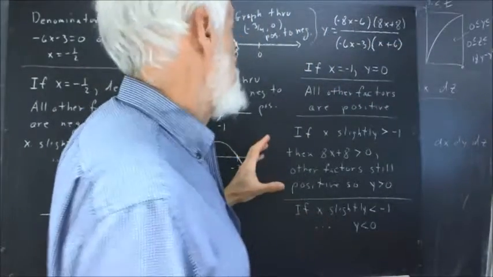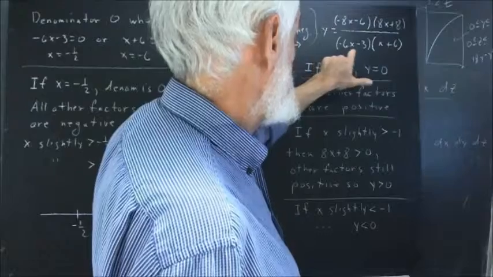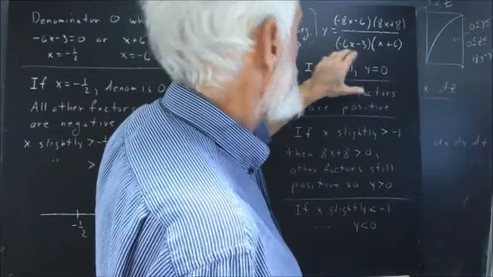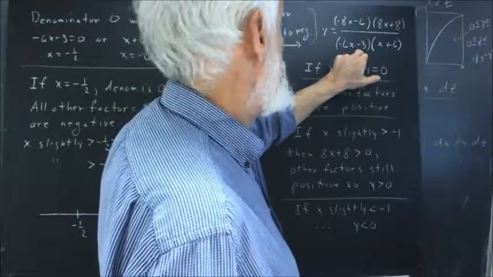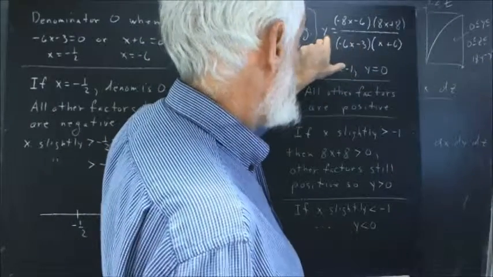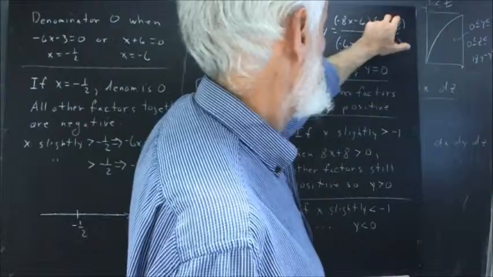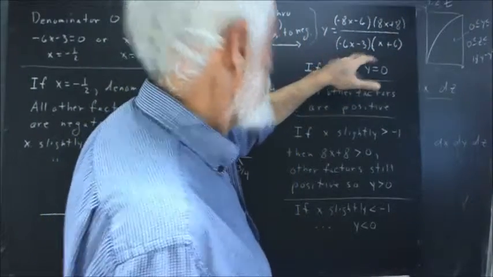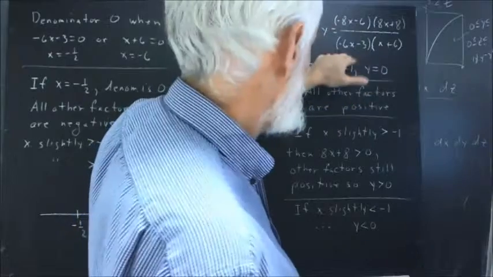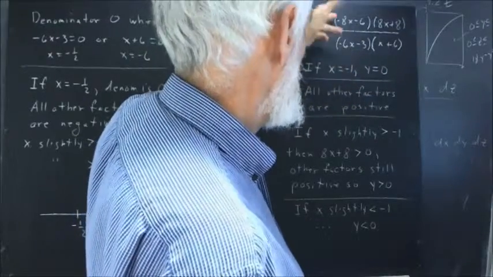So we have negative, negative, positive. And it's going to follow that whichever side of negative 1/2 negative 6x minus 3 is positive on, the y value is going to be negative, because these other three factors give us a negative. Conversely, the side on which it's negative is going to give us a positive.